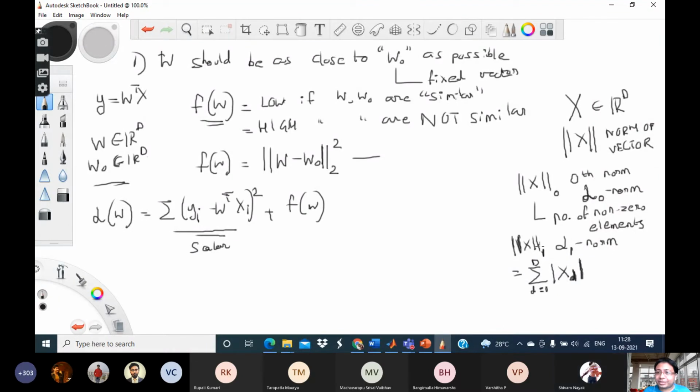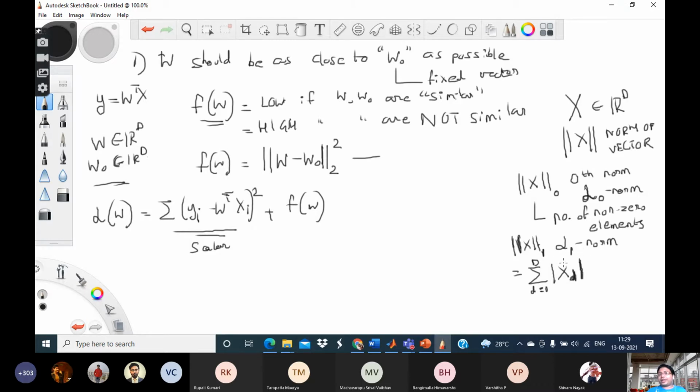Don't say Manhattan distance. Manhattan distance comes into picture only when I am considering the difference between two vectors. Here I am focusing on only one vector x. If I considered the difference between two vectors, say x and x naught, then yes, this would have been the Manhattan distance. But if I am talking about only one vector, then I do not talk about distance.